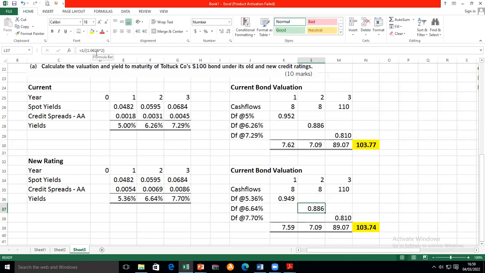Could I have confirmation of my values? If we use 7.29, okay, it's correct, 89.07. Please, can you confirm these values?